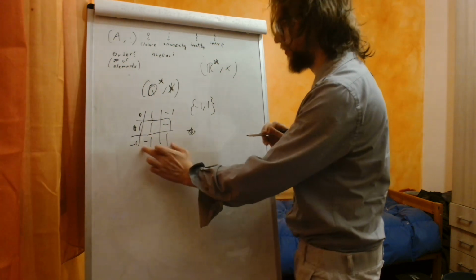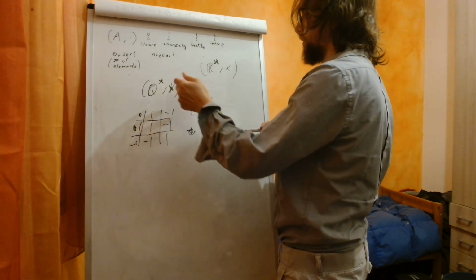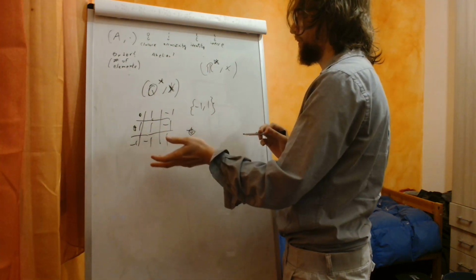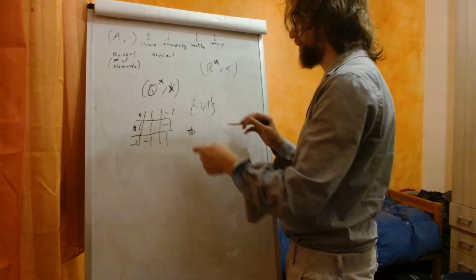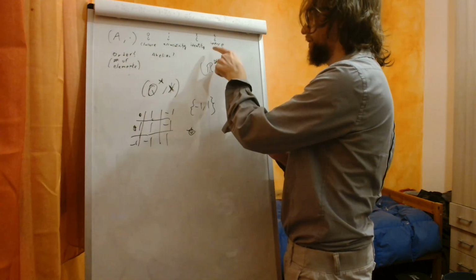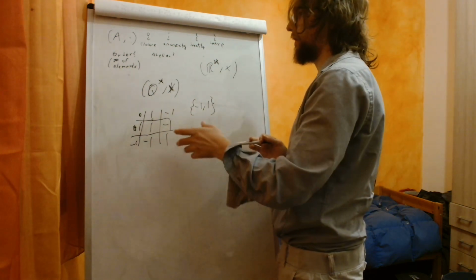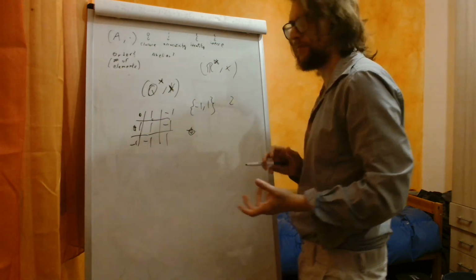So it is closed because it always gives 1 or -1. It is associative, of course, and the identity is 1, as you can see. And the inverse exists, it is also abelian, and the order is 2.